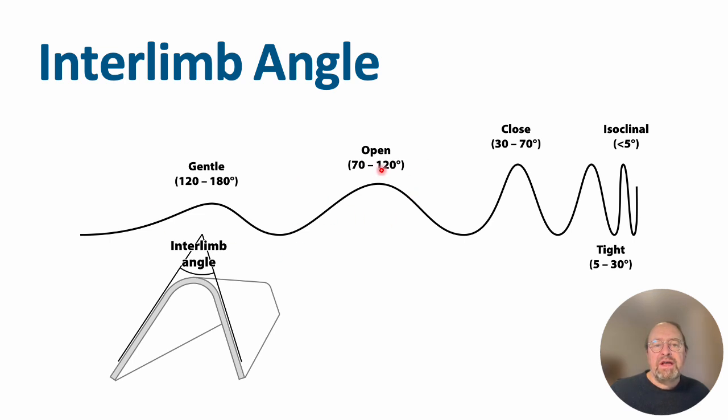And then progressively, as that angle gets smaller and smaller, we use these terms open, close, tight, and if they're essentially parallel, then we call it an isoclinal fold. It's not necessary to memorize these degrees, but it's a general guide to be able to say whether the folds are open or tight, and some knowledge of that would be required.